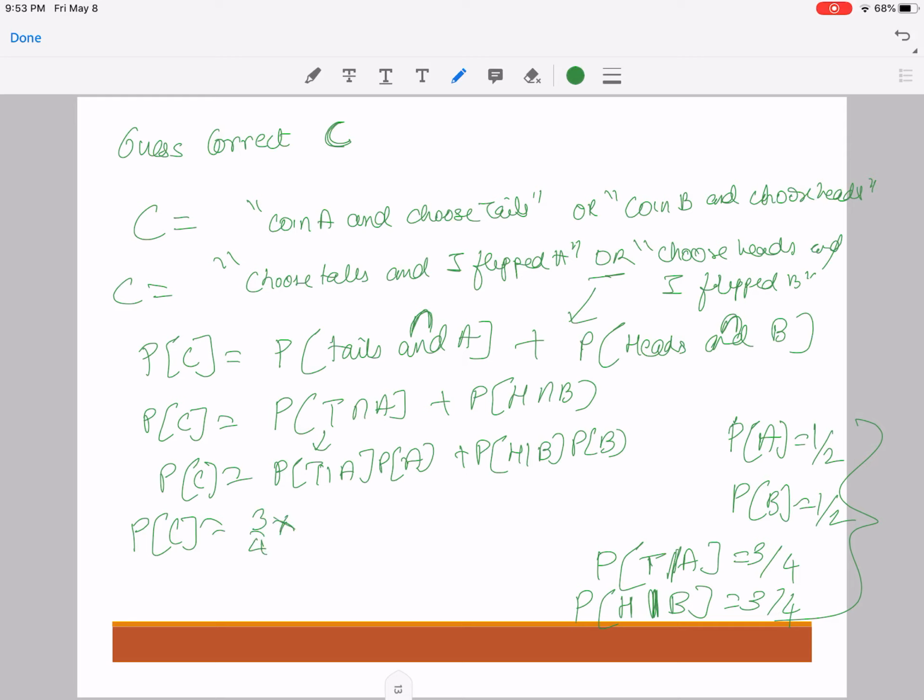Probability of choosing coin A is 1/2, plus probability of heads given B is 3/4 times probability of choosing coin B, which is also 1/2, because I do not have a bias while I choose a coin. I choose a coin at random, so it's a reasonable assumption that the probability that I choose coin A is 1/2 and the probability that I choose coin B is also 1/2. And when I solve this, I get the answer 3/4. So that's the probability of guessing correctly.